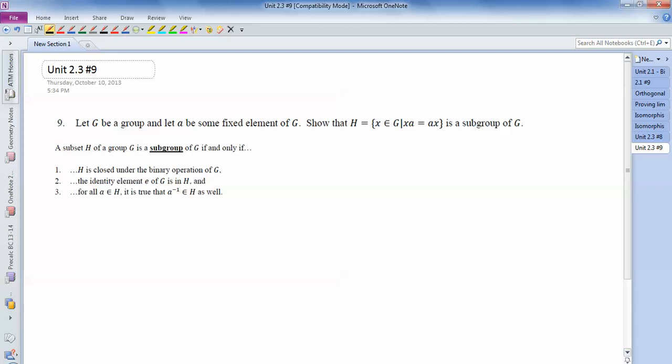So first, H has to be closed. In order to show H is closed, let me write this, is H closed?